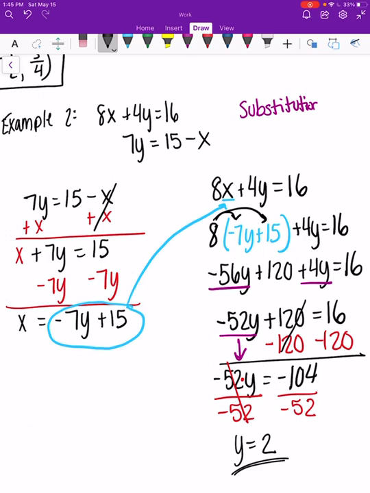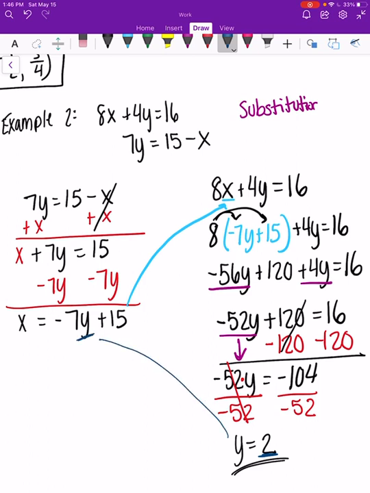So now I still need to find my x. And what's really nice about what I did earlier is I already solved for x. I said x equals negative 7y plus 15. So I'm going to plug in this 2 for this y, because I said y is 2.